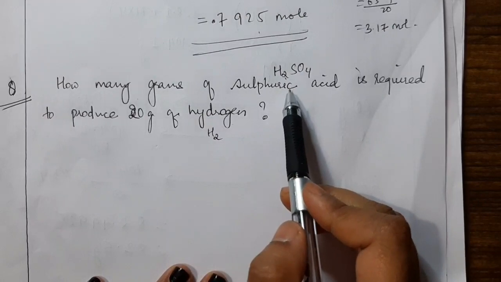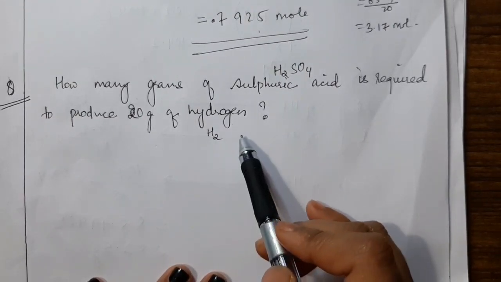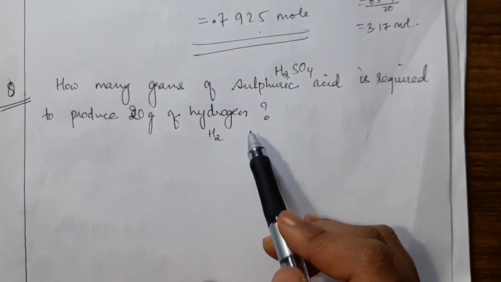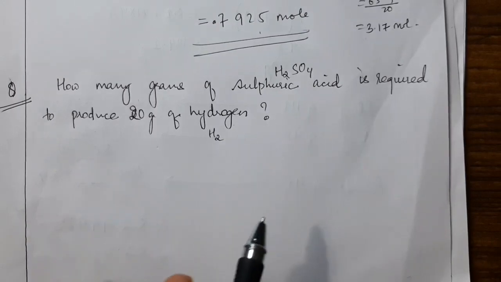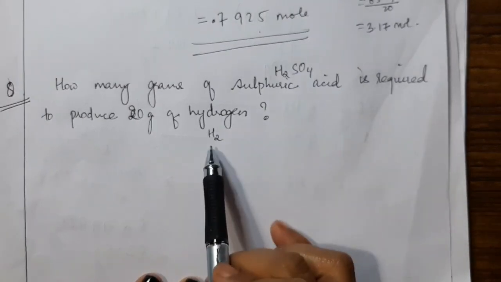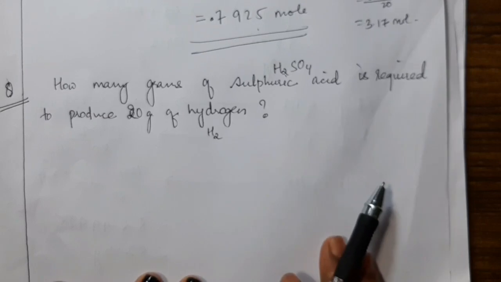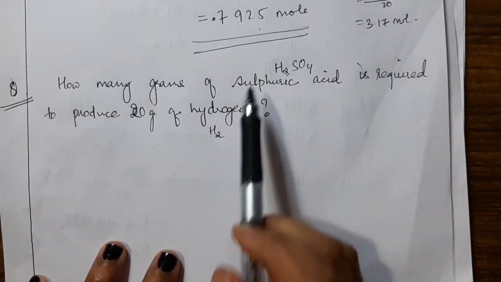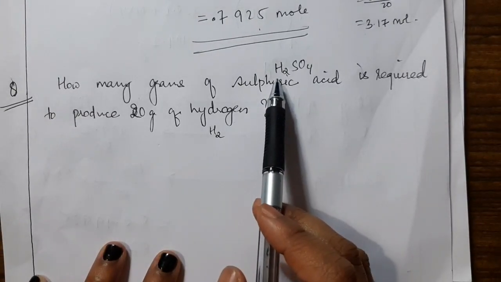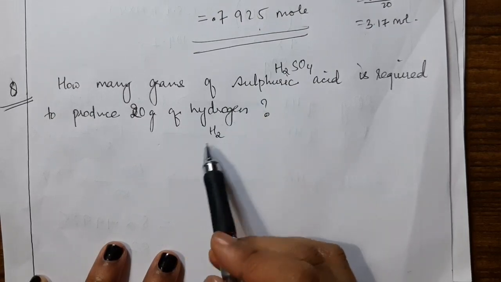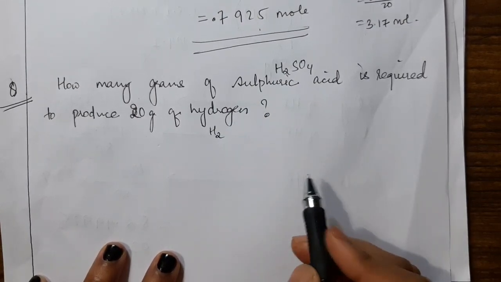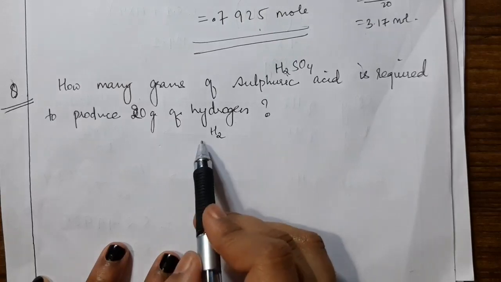You know that acids will give out hydrogen when they react with some active metal. So some active metal reacts with acid to give you hydrogen. We have to form the chemical equation. The active metals would be zinc, Zn, iron and all. They react with sulfuric acid to give you hydrogen.